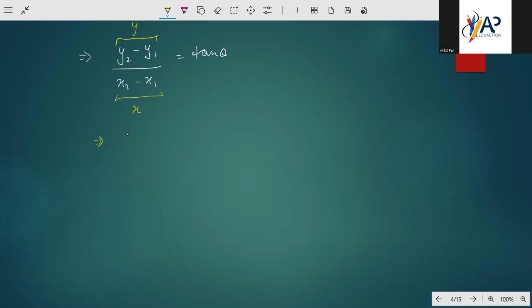So we can write delta y upon delta x, which is tan theta. Tan theta is basically a slope.